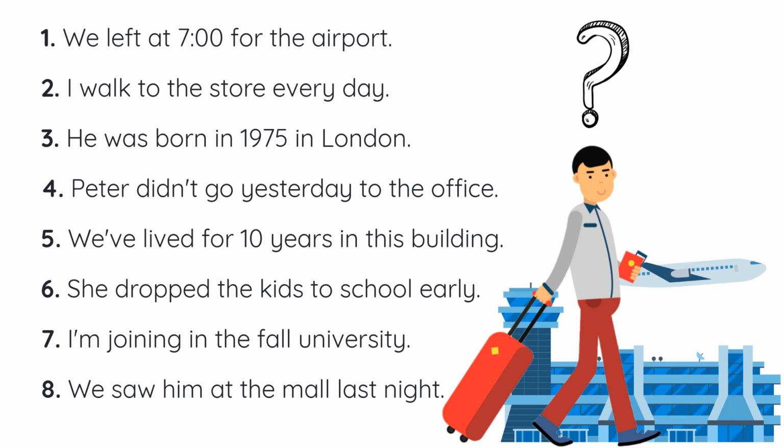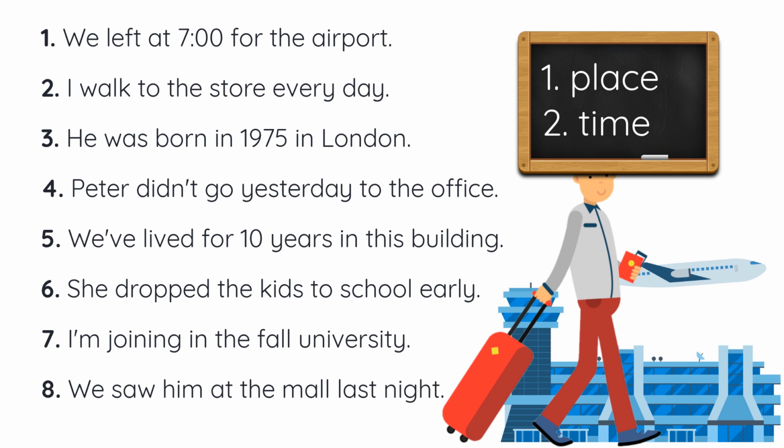Is that right or wrong? What's the rule that we said? Place and then time. So in number 1, we left where? For the airport. When? At 7. So this one was wrong, the way it was. It should be, we left for the airport at 7.